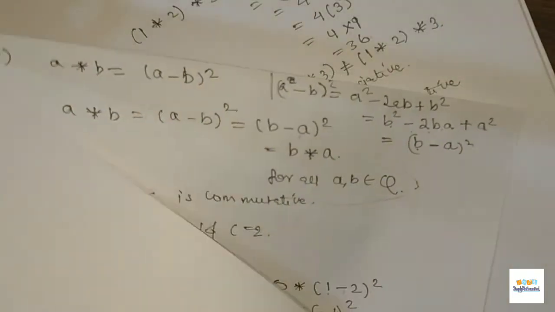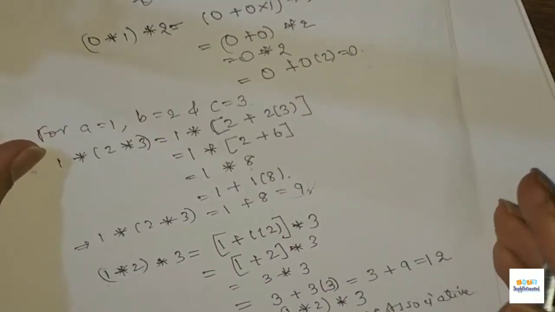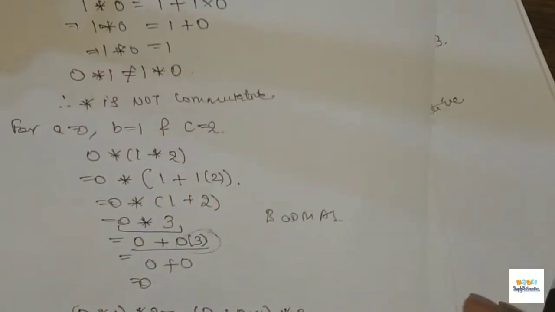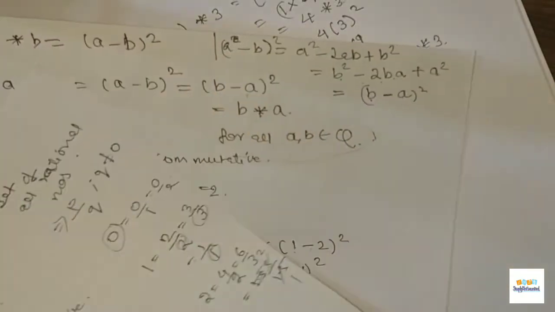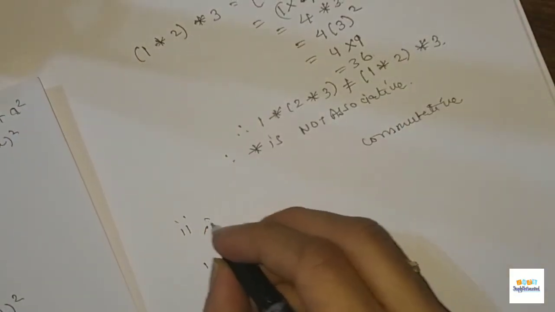Then the third one was not commutative and also not associative. Then fourth, if we check, fourth was commutative, so fourth is commutative.